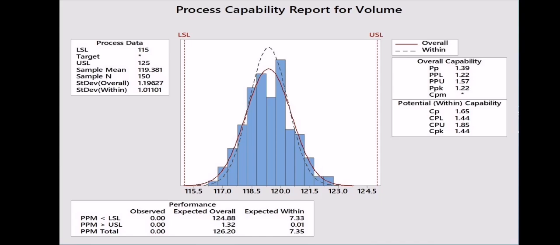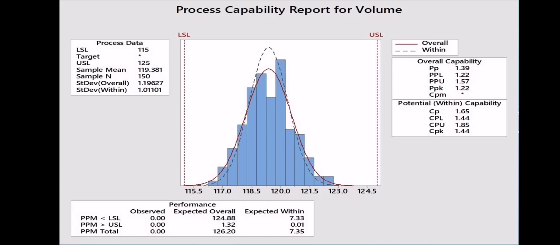This is the process for filling a bottle with 120 mils of liquid. So it seems that the process is normal, which suggests that perhaps the process is well behaved. Next, we check for stability. In the top left-hand corner, there's some statistics about the process data.